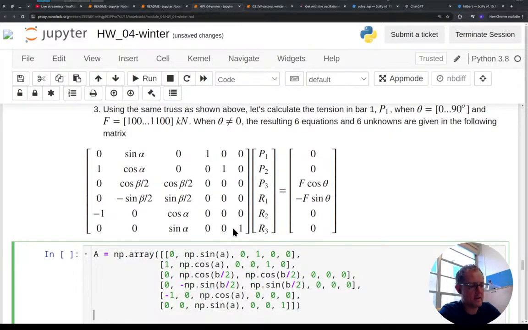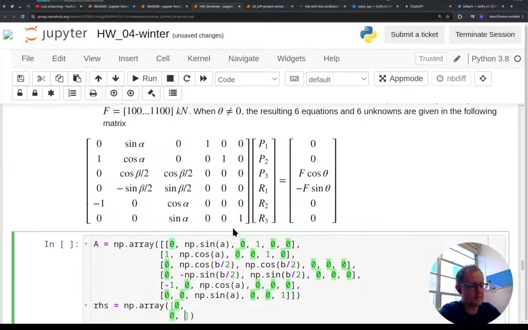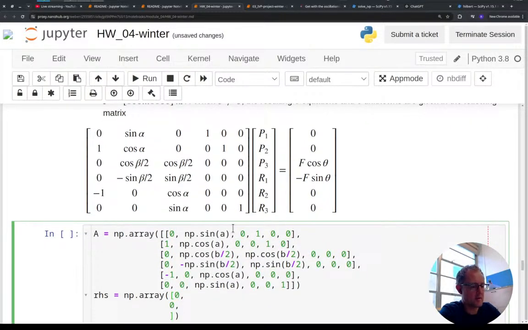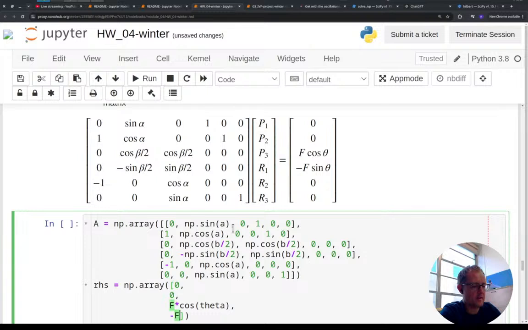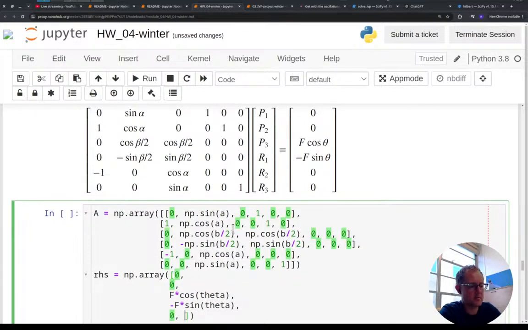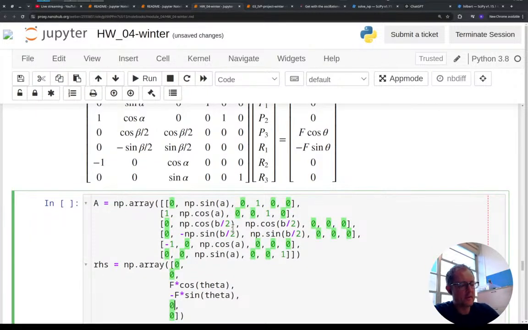And now my right-hand side: 0, 0, F times cosine theta, negative F times sine of theta, 0, and 0.